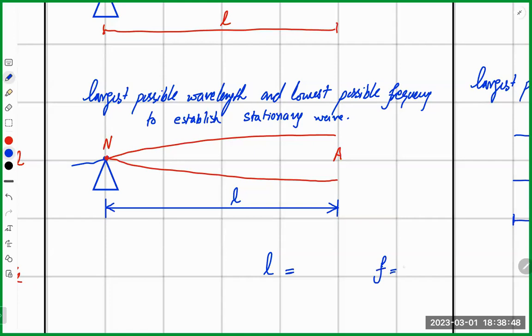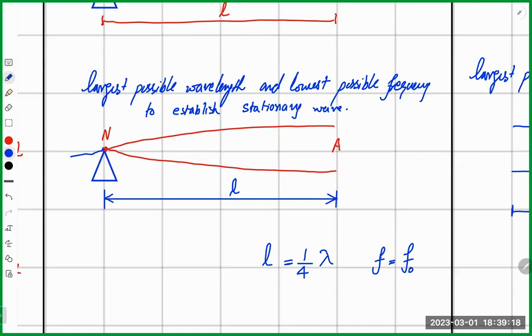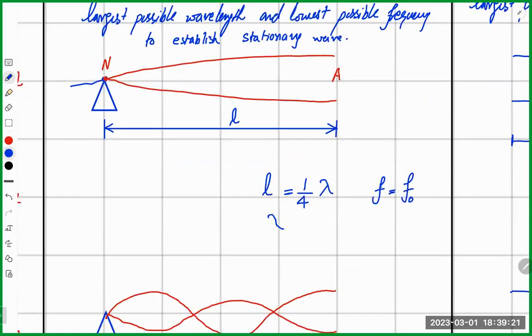This frequency will be equal to the fundamental frequency or the basic frequency which can establish a stationary wave. Remember, if node to node is half of a wavelength, then node to the nearest antinode should be a quarter of a lambda. So that means lambda equals 4L.